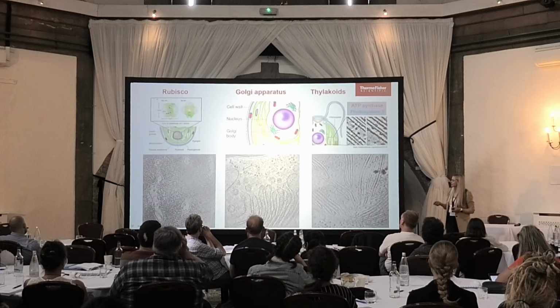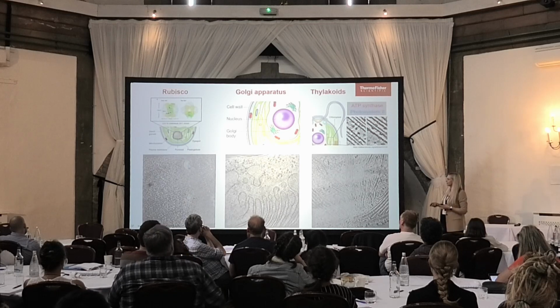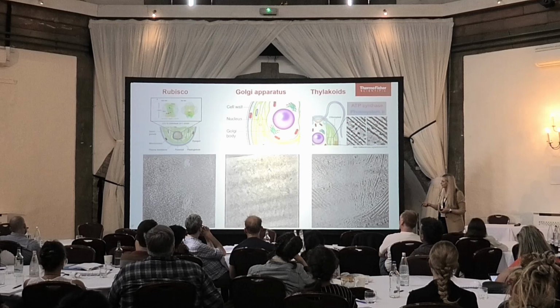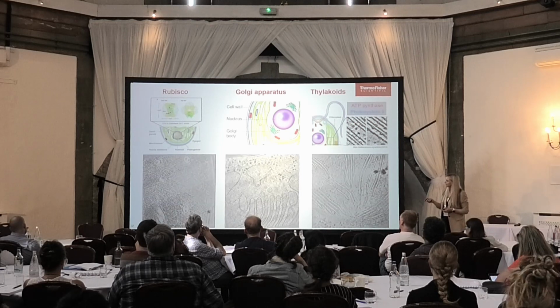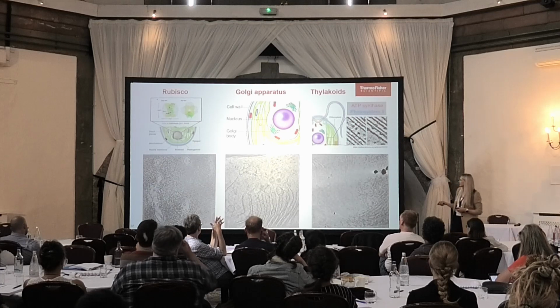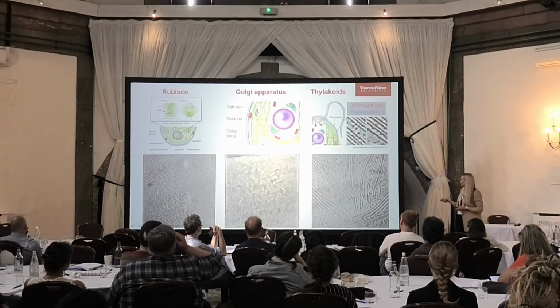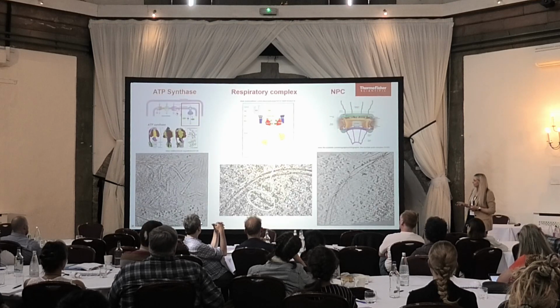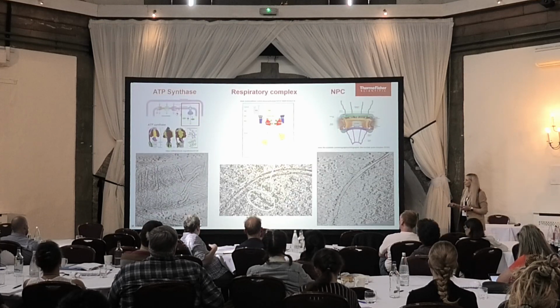In this slide, you can see some of the examples from these data sets. We have rubisco particles. They're really tightly packed inside a pyrenoid. Here we see the Golgi apparatus, and over here, thylakoids as well. And here there are 2 examples from mitochondria.